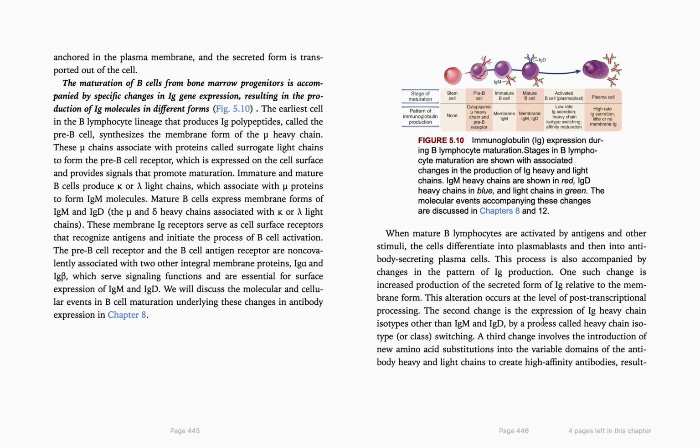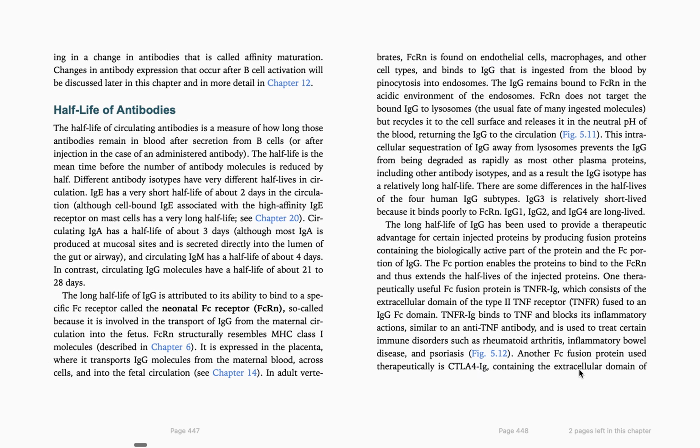The second change is expression of Ig heavy chain isotypes other than IgM and IgD, by a process called heavy chain isotype, or class, switching. A third change involves the introduction of new amino acid substitutions into the variable domains of antibody heavy and light chains to create high affinity antibody, resulting in the changes in antibody that are called affinity maturation.